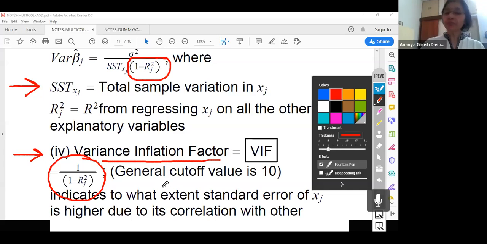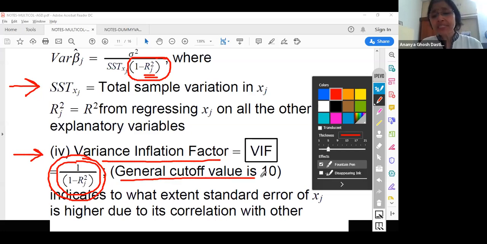Now remember, we have ruled out perfect multicollinearity, so clearly r squared j cannot be 1. It can be very high. Say 0.99 or 0.9 or something. If r squared j is like 0.99, then in the denominator you have 0.01 or something.